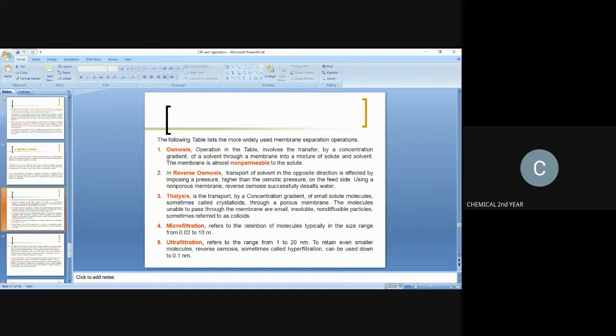Microfiltration refers to the retention of molecules typically in the size range from 0.2 to 10 micrometers. Ultrafiltration refers to the range from 1 to 20 nanometers to retain even smaller molecules. Reverse osmosis, sometimes called hyperfiltration, can be used down to 0.1 nanometer.